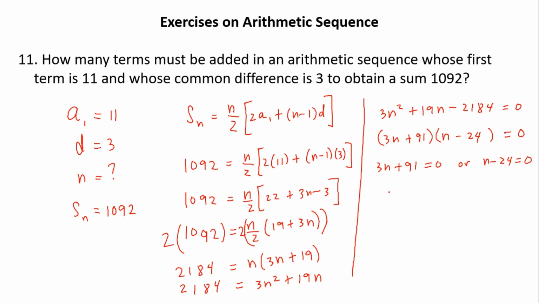Obviously, we cannot take the first one because this one is the same as n equals negative 91 over 3. We take the second one, n equals 24, since we are talking about number of terms that must be added, and it's always positive, right? So n equals 24, meaning we need 24 terms in order to have a sum of 1092.